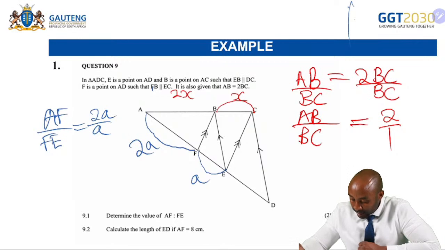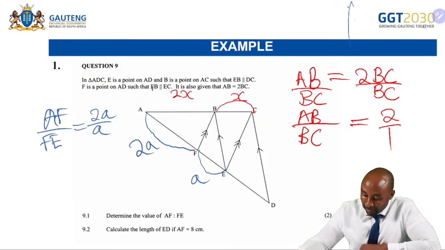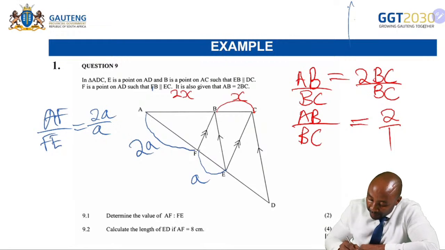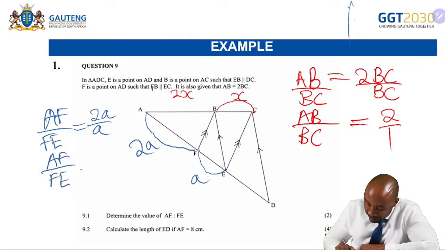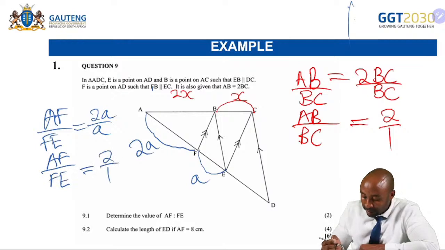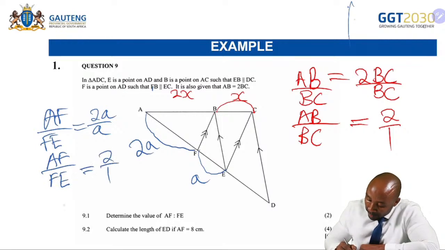Yes, it's correct. So if I'm given the length of AF, I can easily say that AF over FE is 2/1. From there on, I'm able to substitute.